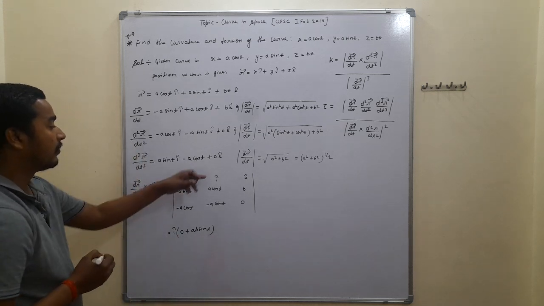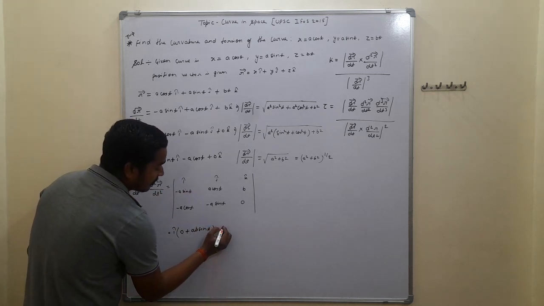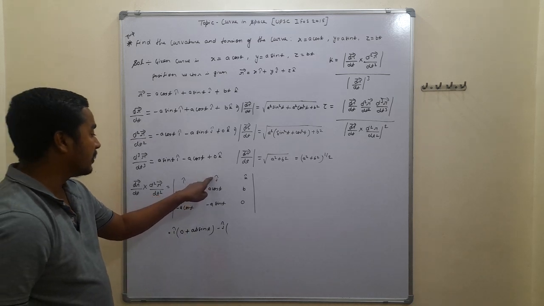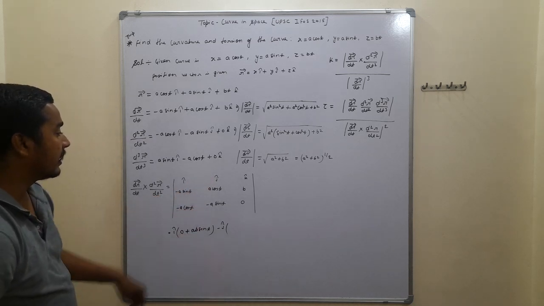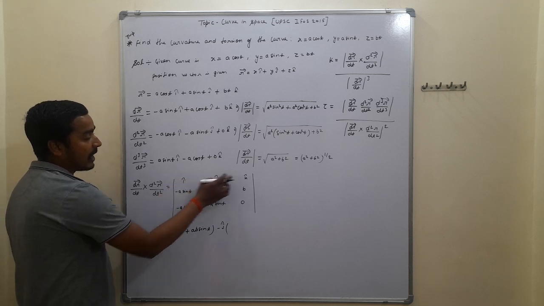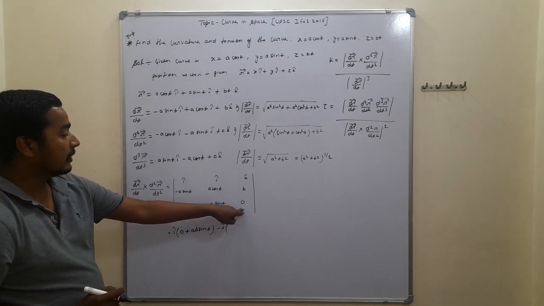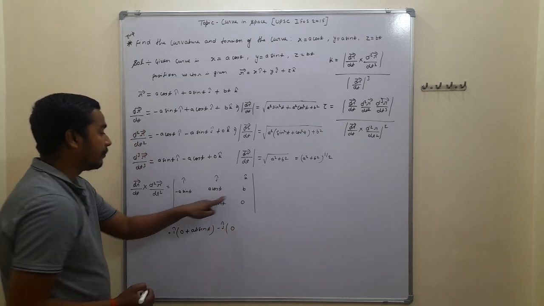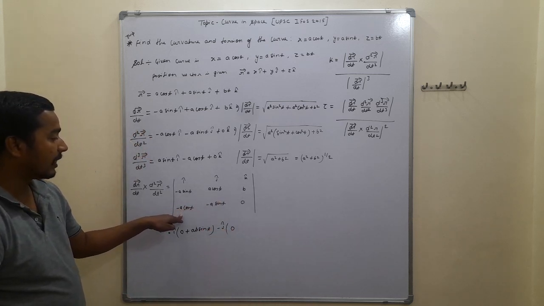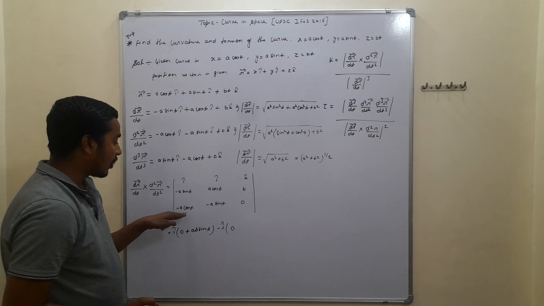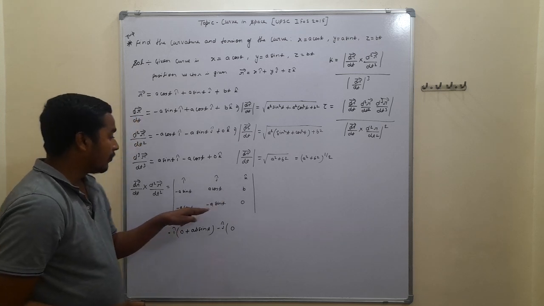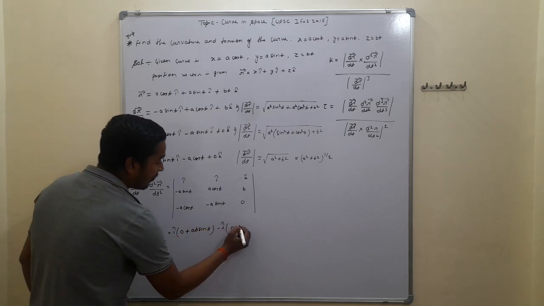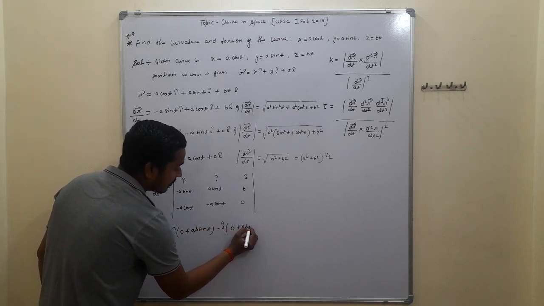Further for j cap, this is minus j cap. When taking j cap, this column is eliminated, and we take the operation between i and k. From here 0 multiplied with a sin t gives 0, and b multiplied with minus a cos t, when cross multiplying on this side we take minus, and minus is already present, so we write plus ab cos t.